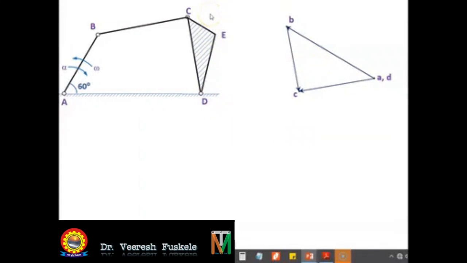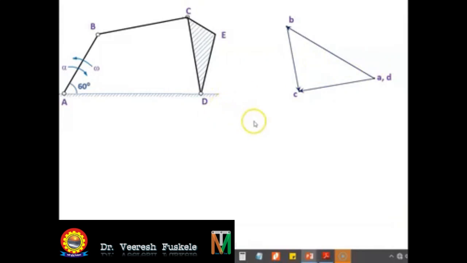So the velocity vector of CE will be perpendicular to the link CE like this. So it can be drawn from point C like this. Similarly, velocity vector of link DE will be perpendicular to DE, and it can be drawn from point D here. So the intersection of two vectors will give you the point E here.